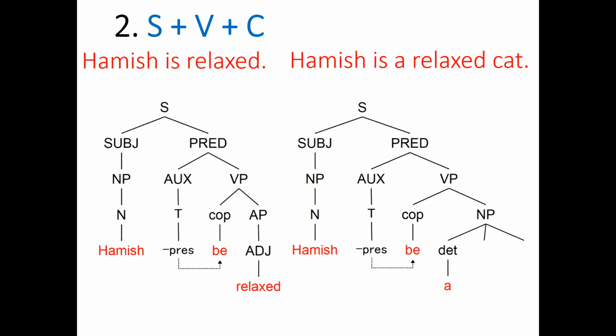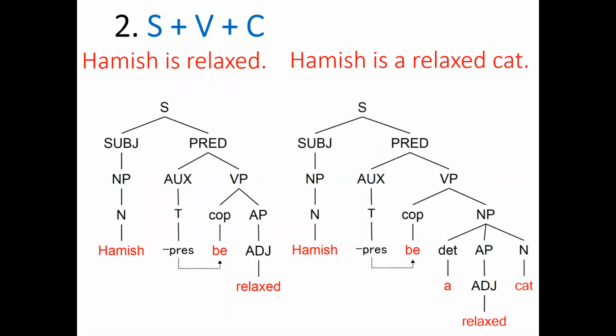Next, we have an AP, or adjective phrase, to account for. And we have, of course, the particular adjective, relaxed. Finally, we have our main element, a noun from which we can get cat.